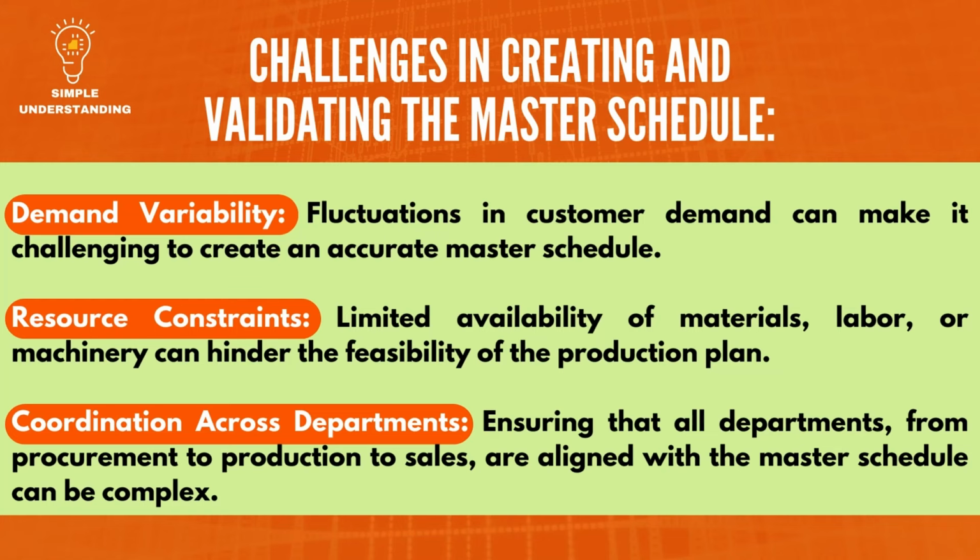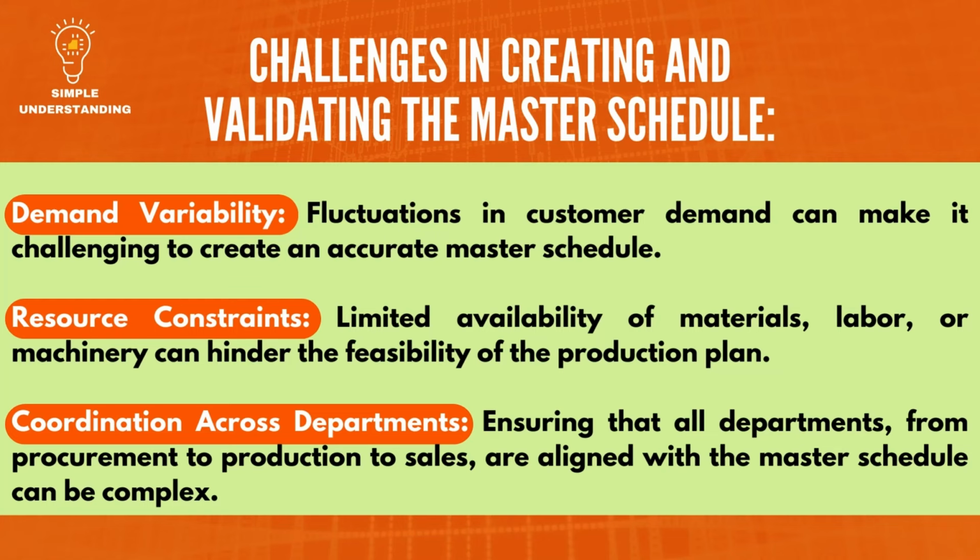Challenges in creating and validating the master schedule. A. Demand variability. Fluctuations in customer demand can make it challenging to create an accurate master schedule. B. Resource constraints. Limited availability of materials, labor, or machinery can hinder the feasibility of the production plan.